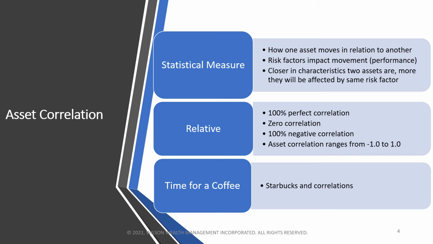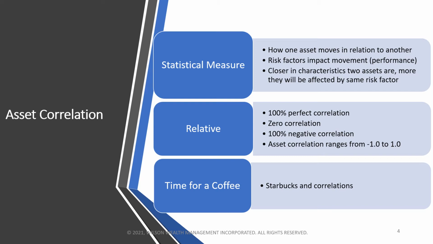But how you run your business or your personal affairs may be completely different from the person next door to you. So that's why it's non-systematic. It's unique, specific to that individual, that company, that investment.